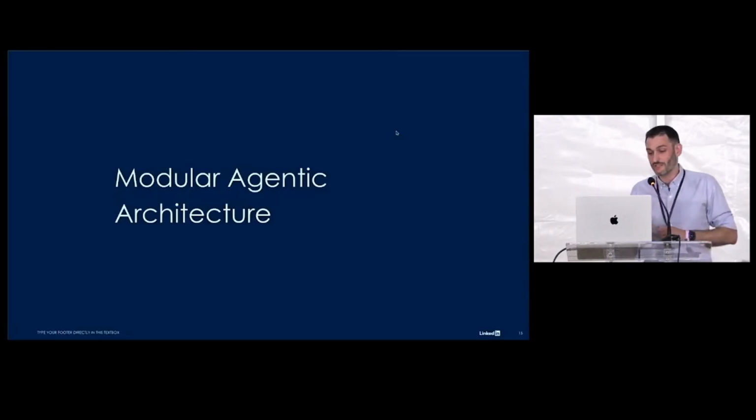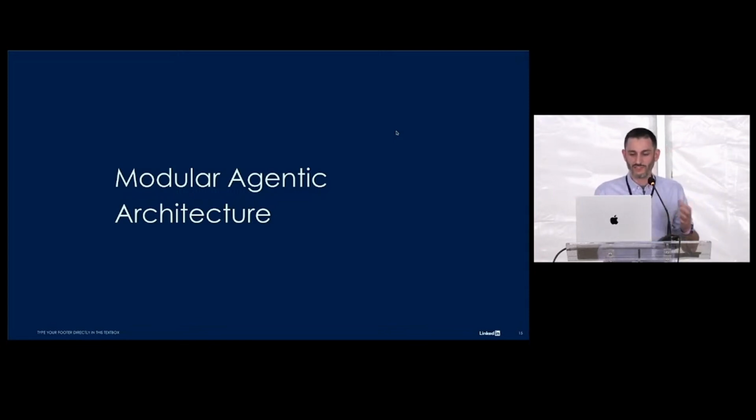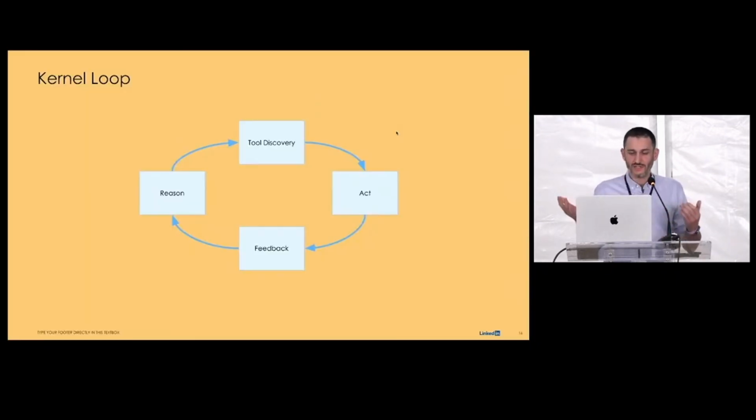The next place that I want to go is to talk about our modular agentic architecture and how it's essentially come together in practice. So we start here with our typical ReAct loop that I showed in the beginning, with an additional box here at the top labeled tool discovery.